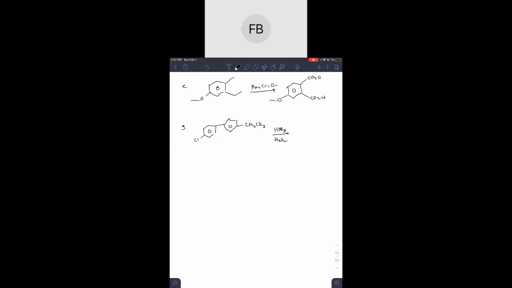So in this benzene ring, we have a deactivating Cl. So that's not very good because the Cl is deactivating. When you compare that with the benzene on the right, it has two alkyl groups, and alkyls are activating. So it's going to prefer to go to the right because the right has two activating groups, whereas the left only has one activating group and one deactivating.